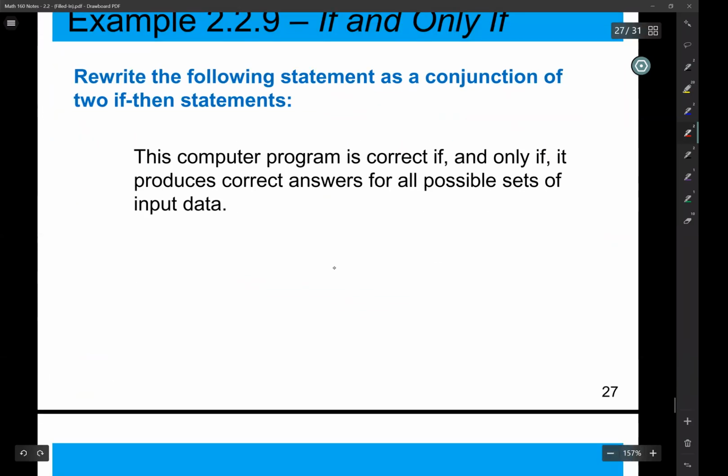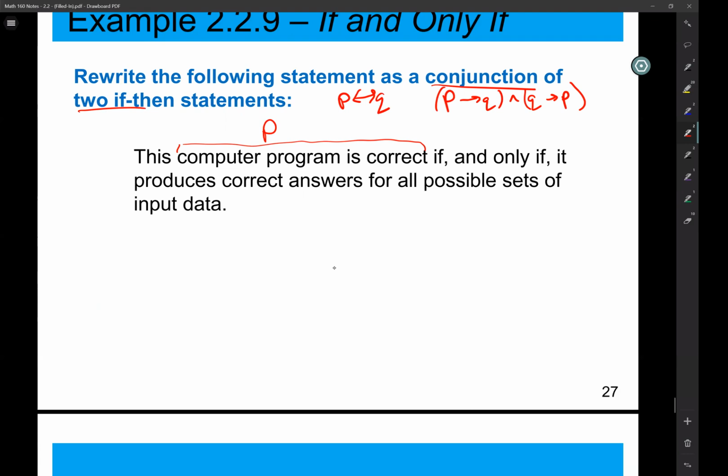Let's get this going here. Just to get you practice, this computer program is correct. Let's call that P. What we're going to do is write a conjunction of two if-then statements. Right now it's written as P if and only if Q. What I want to write is a conjunction: P implies Q and Q implies P. So let's try that.